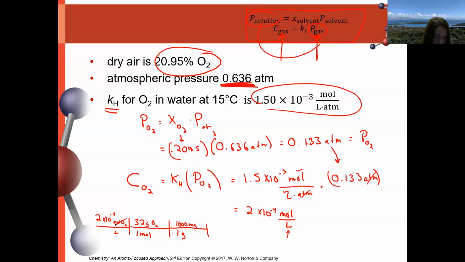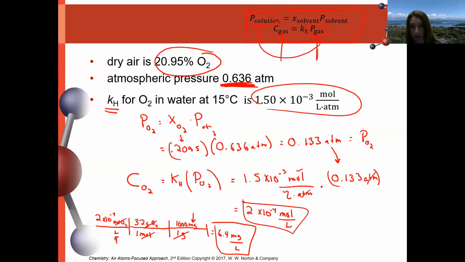So we've got moles, grams, milligrams per liter. This is what I didn't want to do, but you can see there. So they're kind of on top of each other, which gives you 6.4 milligrams per liter. So you're becoming like stoichiometry kings and queens here when you're doing some of these problems. Now, if the problem didn't ask us for milligrams per liter, we would have been done here.